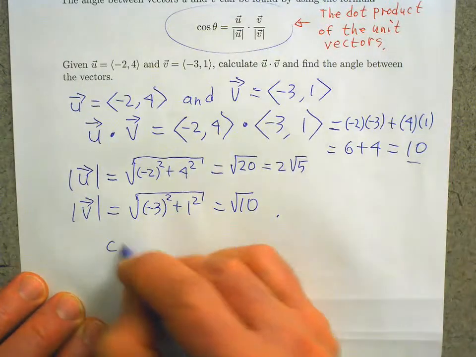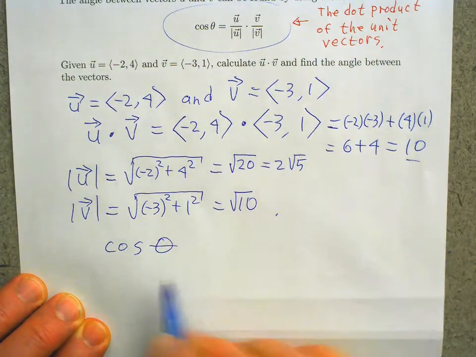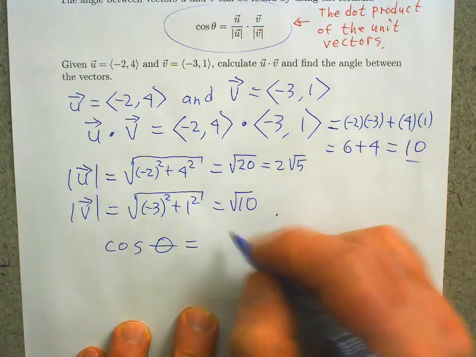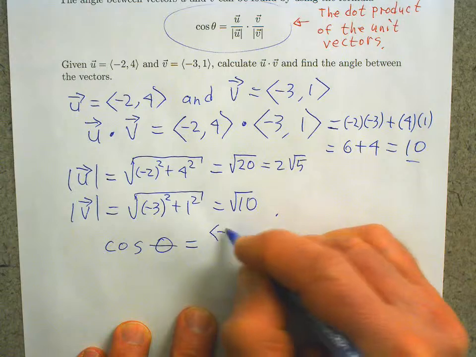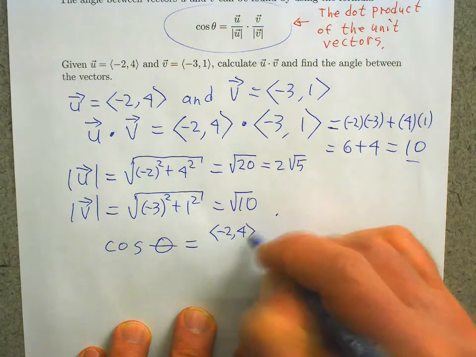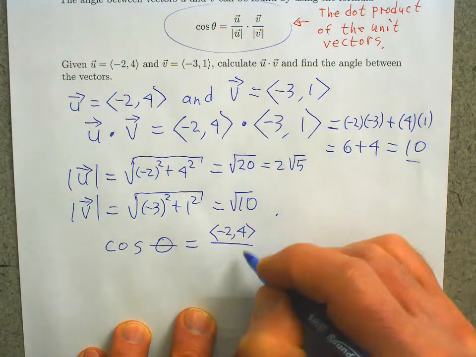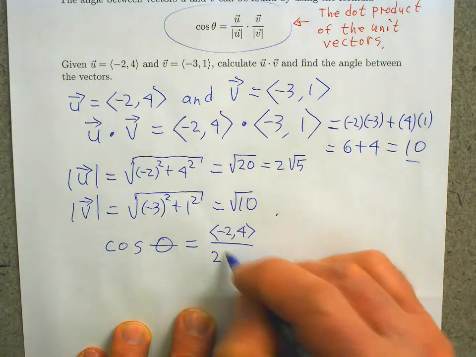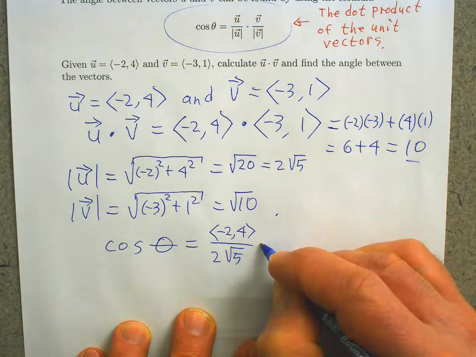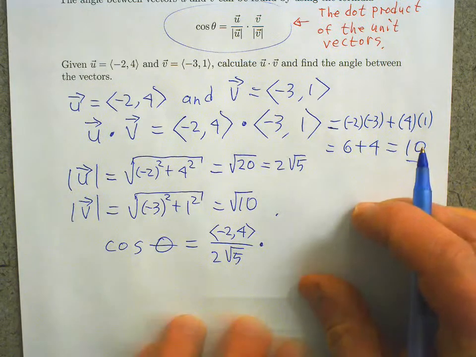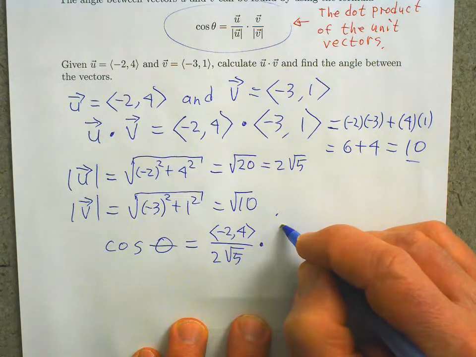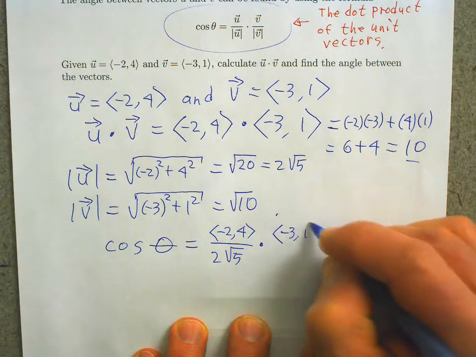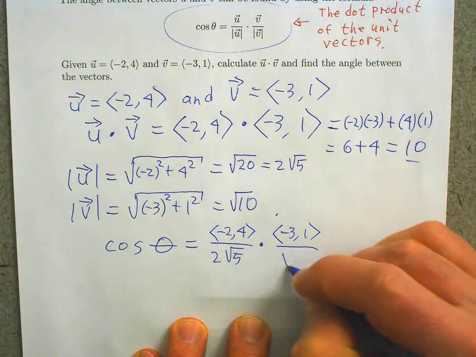And so cosine of theta, where theta is the angle between the vectors, is the dot product of the unit vector <-2, 4> over 2 times the square root of 5, with the other unit vector, <-3, 1> over the square root of 10.